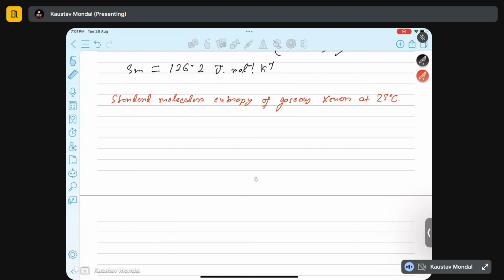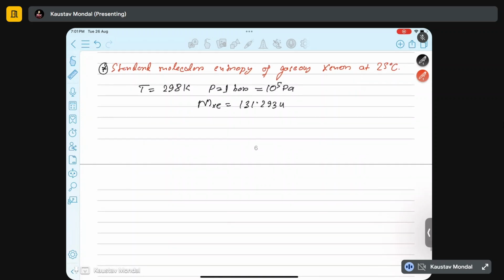At 25 degrees centigrade, the temperature will be 298 Kelvin. Pressure will be 1 bar, which means 10 to the power 5 Pascal. The xenon mass is the atomic mass 131.293 u.